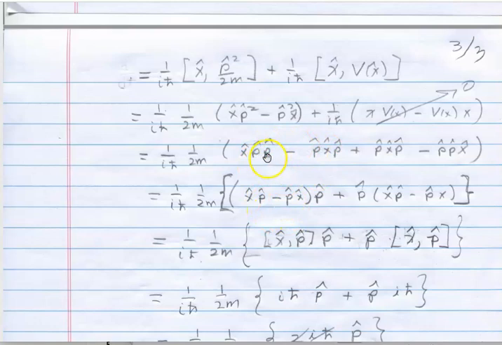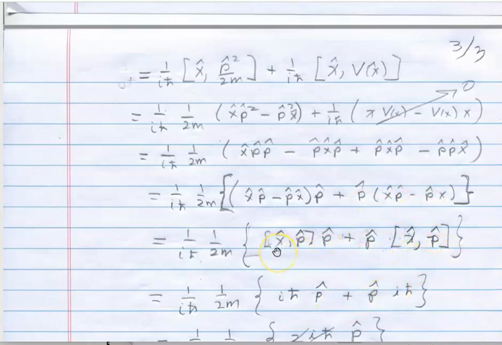They both have a p on this side, so I can pull that out. They are associative, and distributive from the right or left. I do the same thing for the other two, except now I pull the p's out in the other direction, so I get xp, minus px over here. Writing those expressions out, this is nothing more than the commutator of x and p times p, and the commutator xp here.